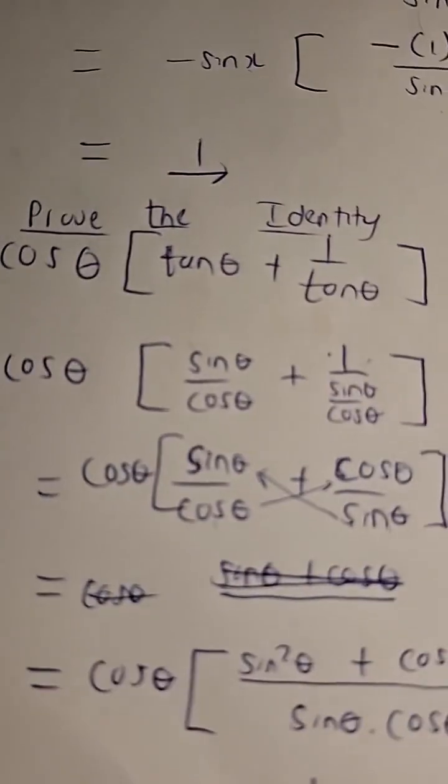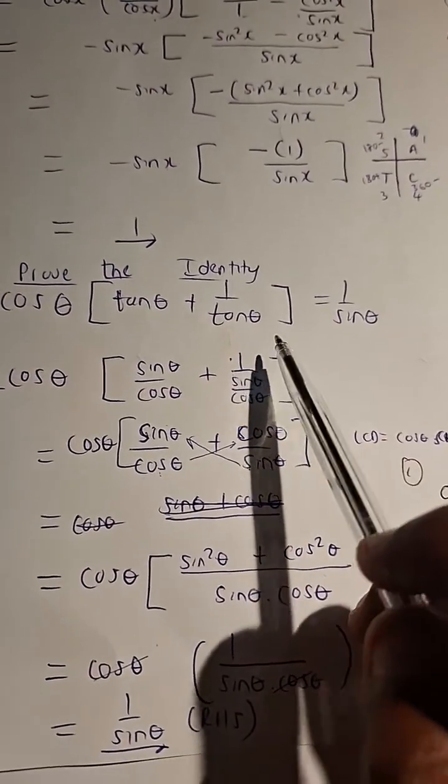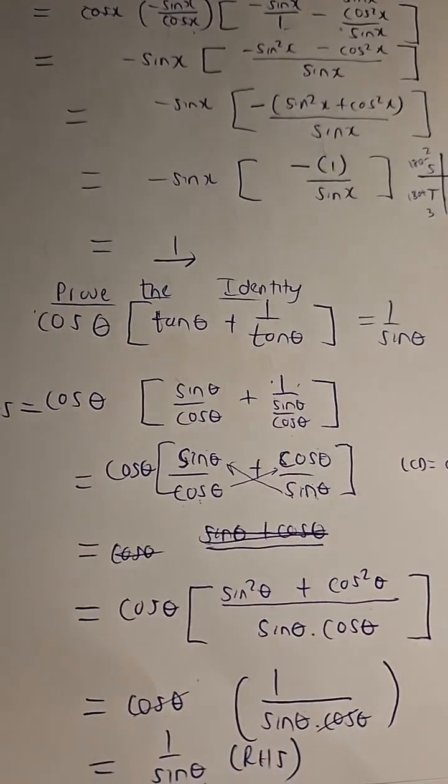Sorry. Just a question that may come with that question that I've just done. The question says, give the values for which the identity is undefined.